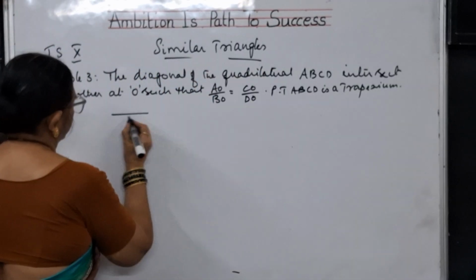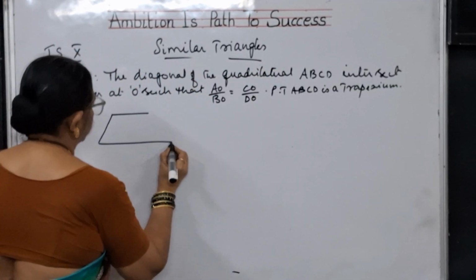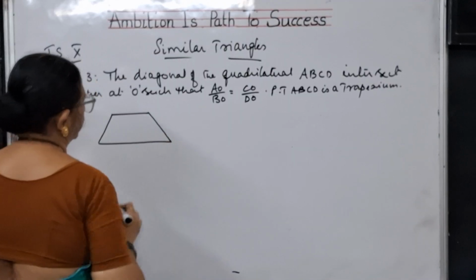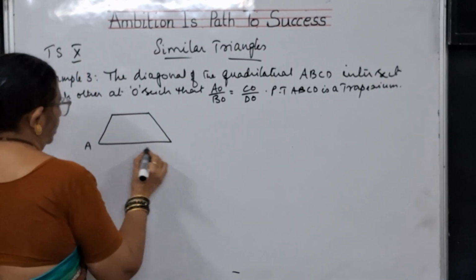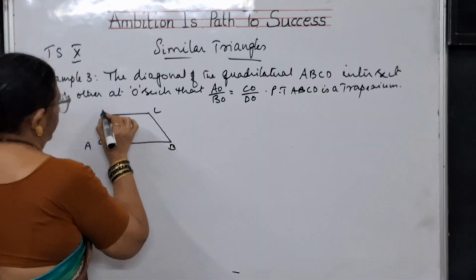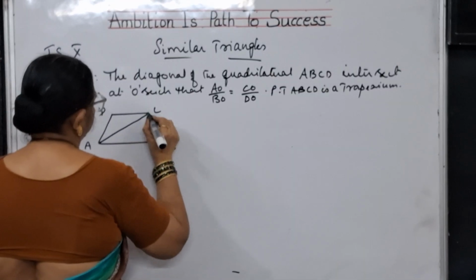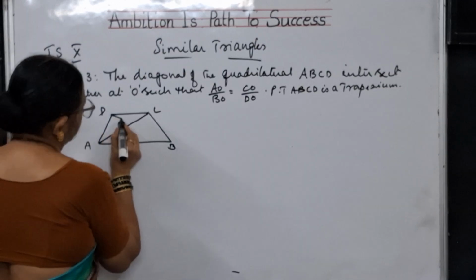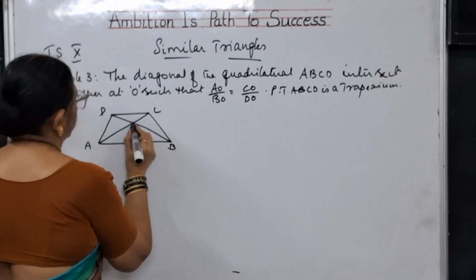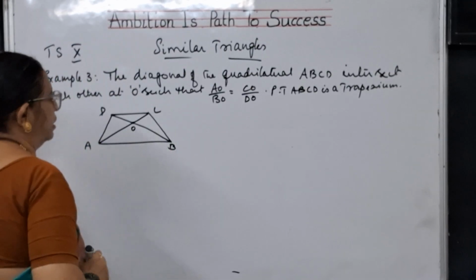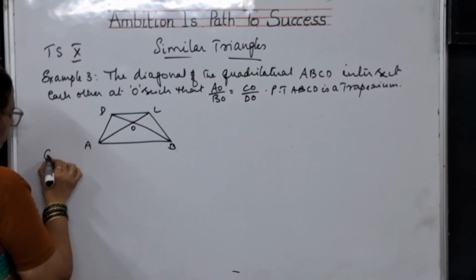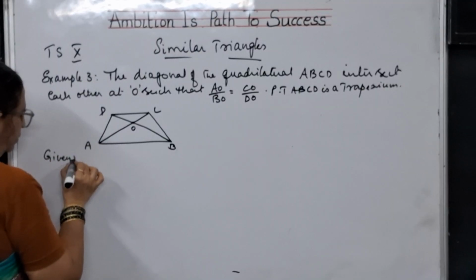So you have got a quadrilateral ABCD, and AC is one diagonal, BD is another diagonal. They are intersecting at O. So what is given to us?